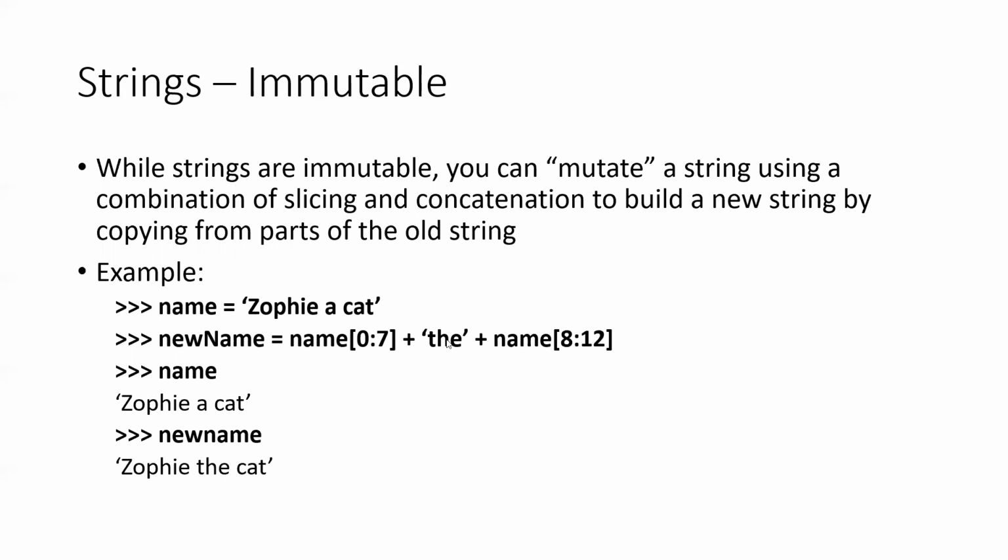Then we're going to add the word the in there, and then we're going to take the last 8 characters or the last 8 index of everything else that's left. And that will change name from Zophie a cat with the new name being Zophie the cat. Does everybody see how we kind of modified that with a new string? Again, we can't change the string itself, but we can create a new string by doing a combination of slicing.